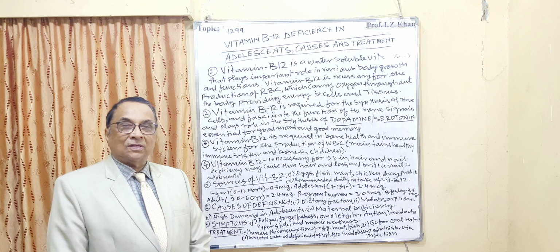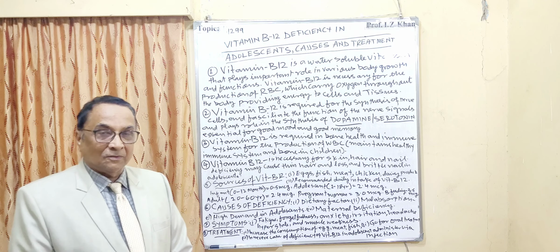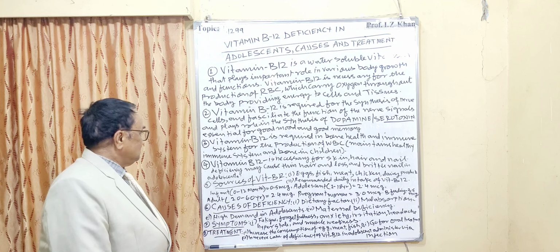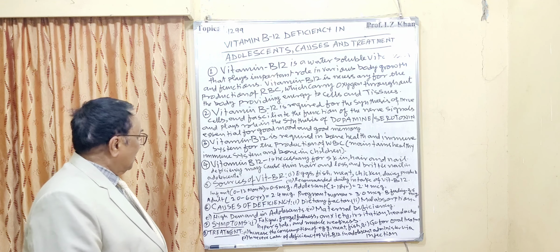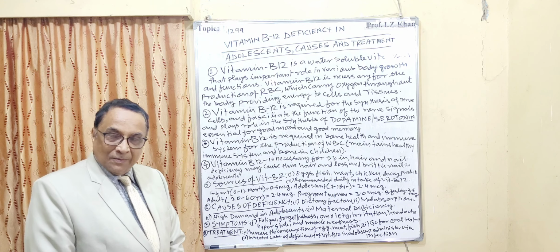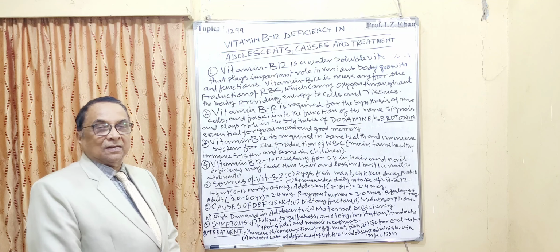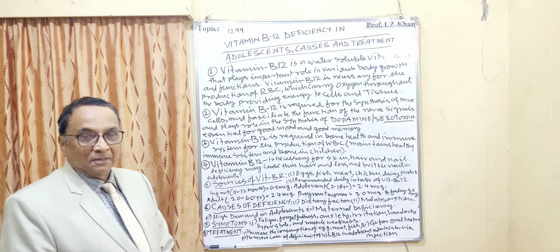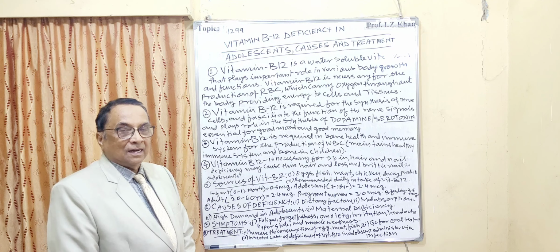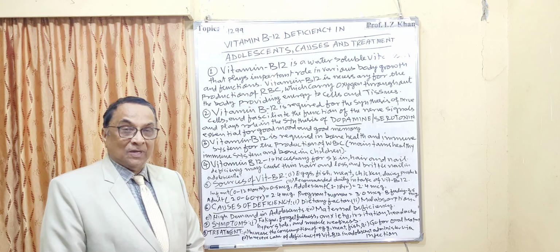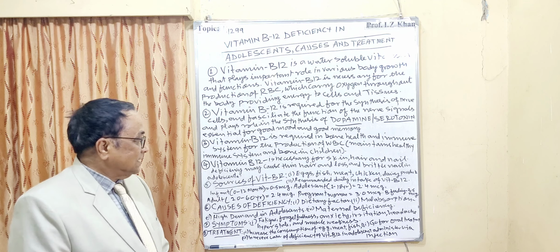Please find out the deficiency by test. Then number five, sources of vitamin B12. The main sources are animal sources, egg, meat, chicken, and for vegetarians it is milk, yogurt, and cheese.